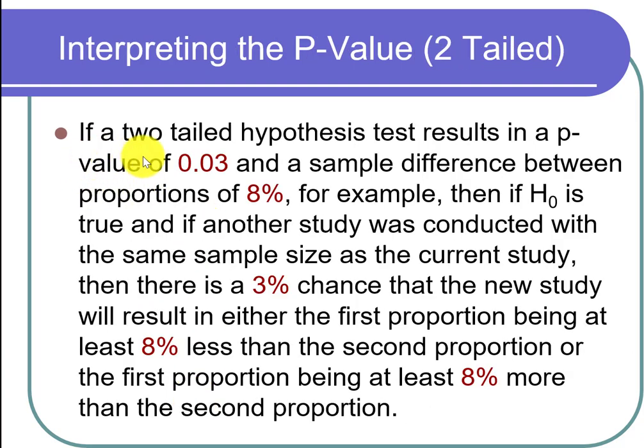Okay, so if you have a two-tail test, then let's suppose you had 0.03, and let's suppose the sample difference between the proportions was 8%. Again, whatever you get will be different than that.